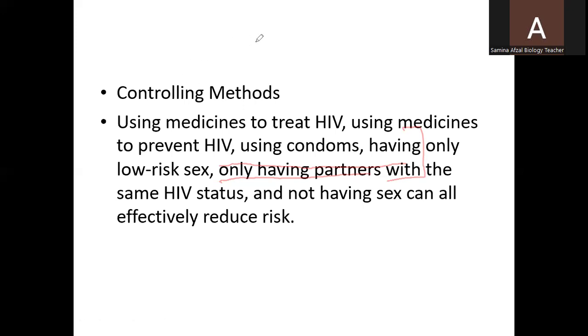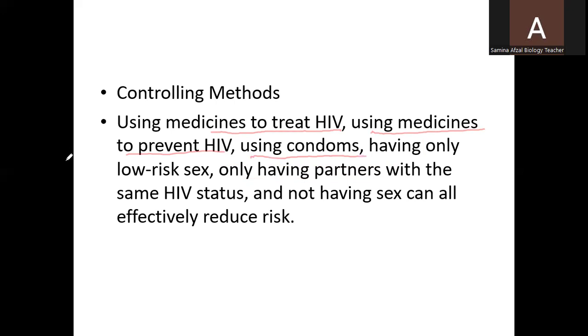How can we control it, or what are the different controlling methods? Using medicines to treat HIV. The treatment is necessary. First of all, you have to take treatment, using medicines to treat HIV. Medicines can also be taken before exposure to HIV to prevent it.